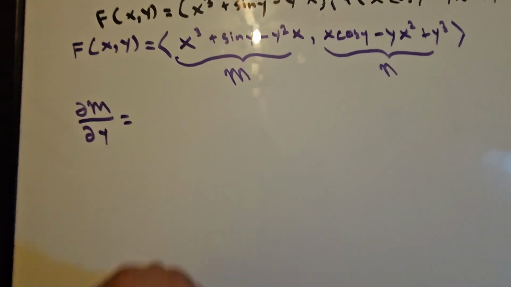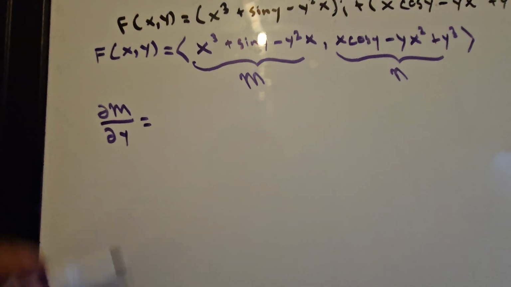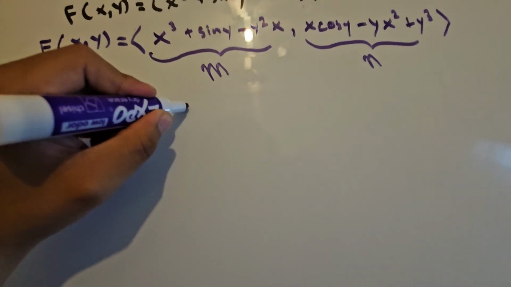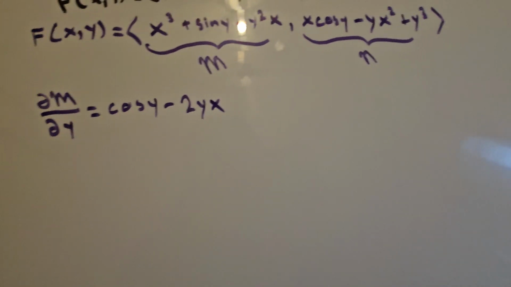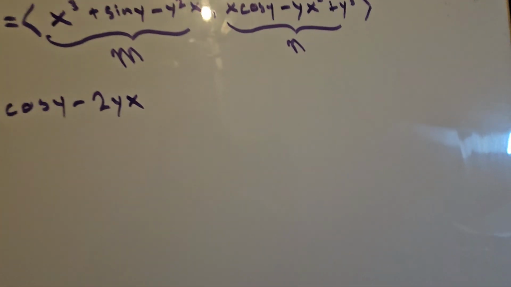So when we take the derivative of M with respect to y, that's going to be cosine of y minus 2yx. And now let's take the derivative of the N component with respect to x.